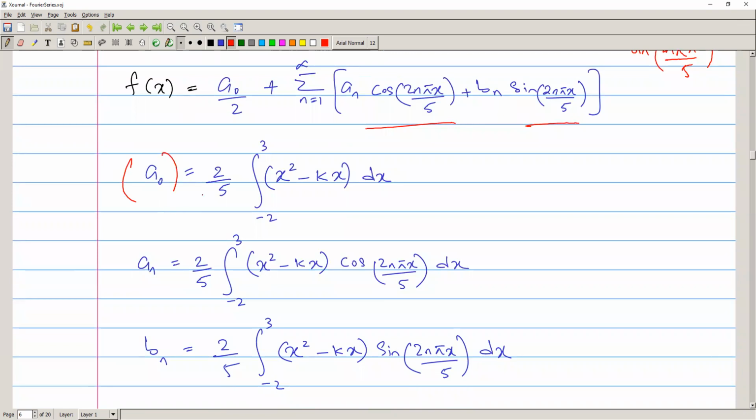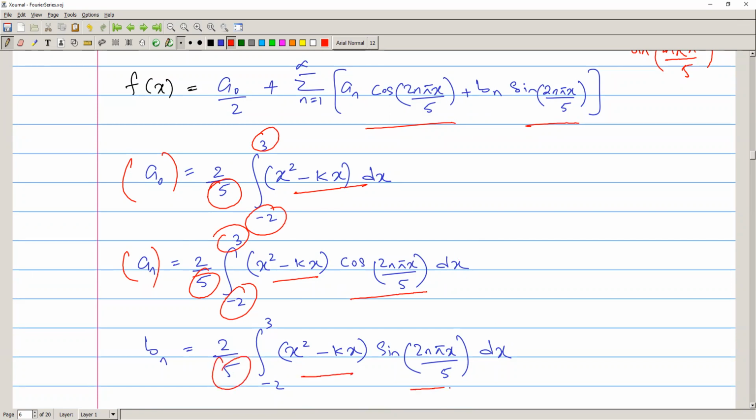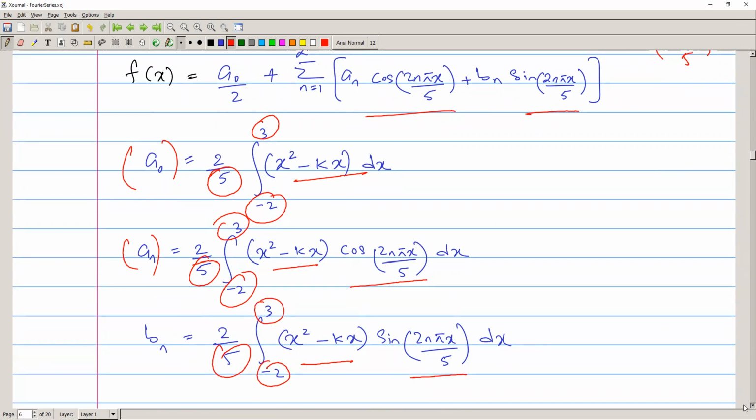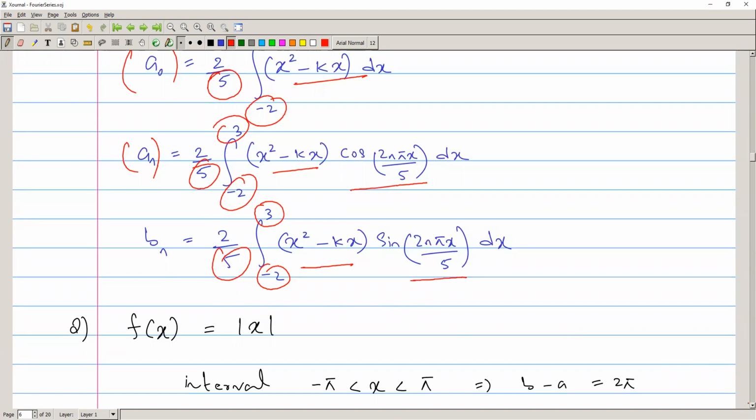And for a naught, 2 over b minus a is 5. Limits from -2 to 3 as given in the intervals, and this function, right? For an, again 2 over b minus a, limit -2 to 3, the function times cosine 2n pi x over 5, right? Again for bn, it's the same, limits -2 to 3. Okay, so you can solve these integrals very easily.